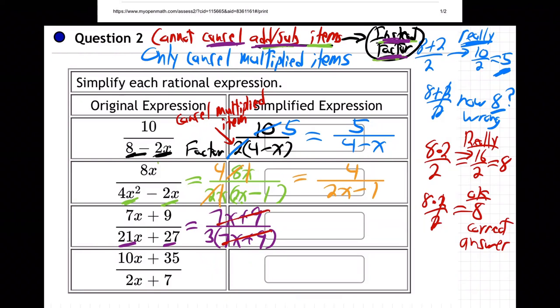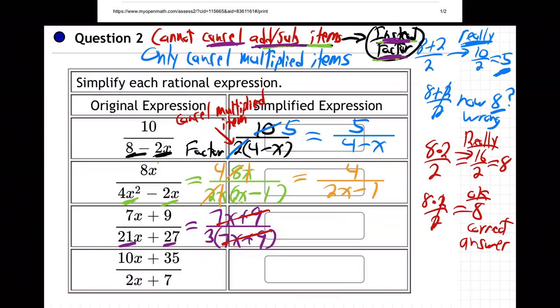That makes sense? You can cancel entire multiplied items. On the bottom, the whole 7x plus 9 is in parentheses, which means it's multiplying the 3. You can cancel the whole multiplied item.